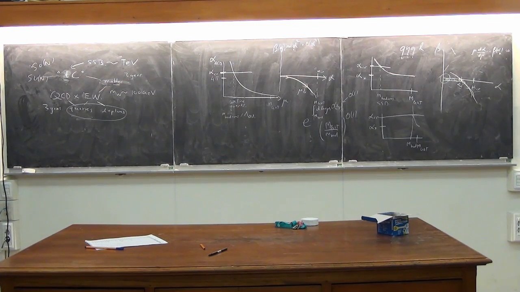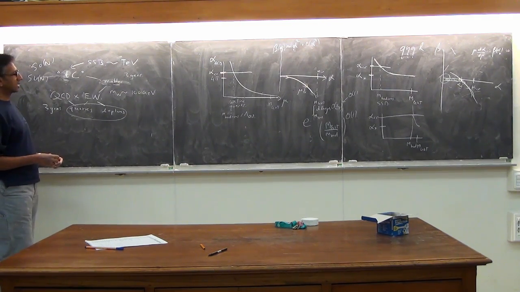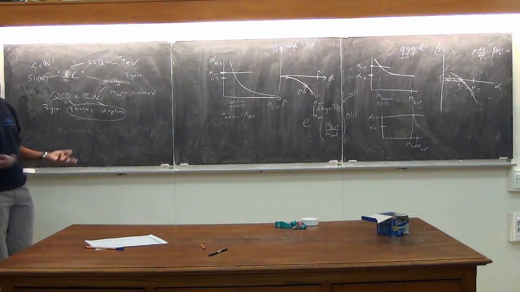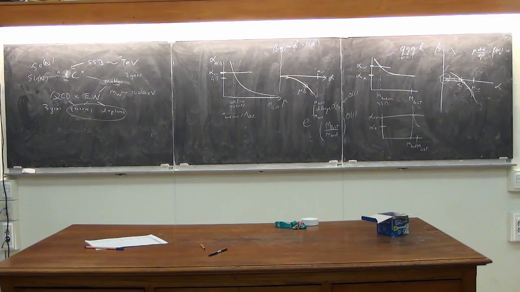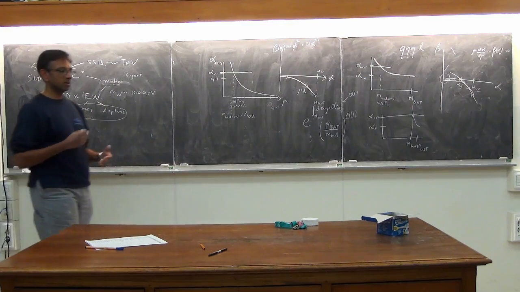Another direction is to try and find a new parameter to expand in, okay? Which is not weak coupling, asymptotically free, none of that. So indeed, the attempts to even conquer QCD.